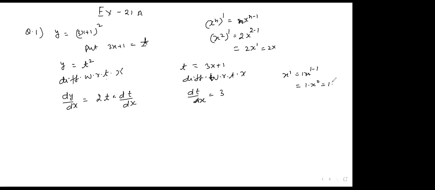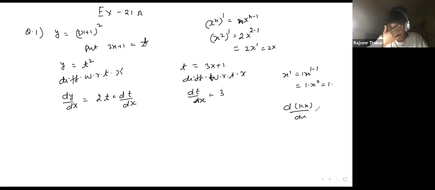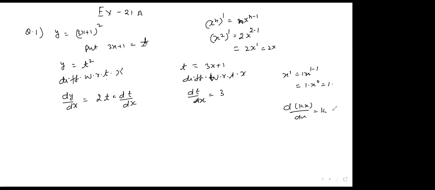For kx, where k is a constant, keep the constant outside and the derivative of x with respect to x is 1. So k, 3. And the derivative of any constant not associated with any variable is 0. So dt by dx is 3.